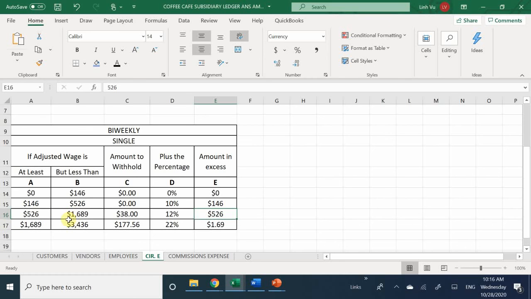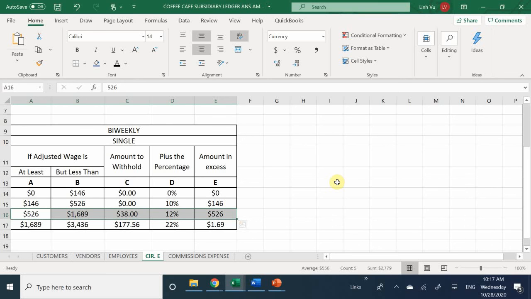She earned a total of $544, and it's less than $1,689, but more than $526. Correct. So I highlighted it for you.